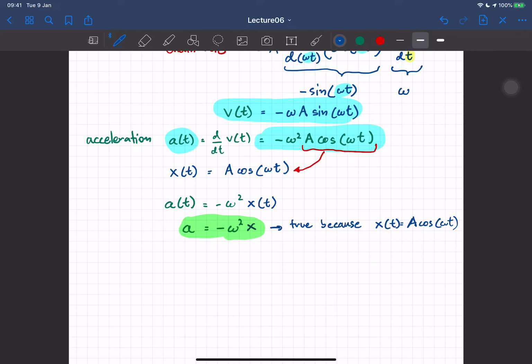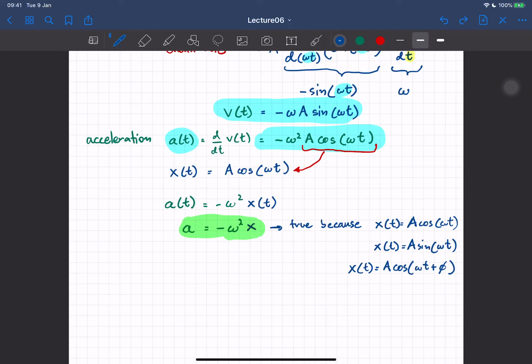Actually, this is true not only for cosine, it's also true if you choose to start with A sine omega t in the beginning. It's even true if you remember the starting phase phi, which we chose to be 0, right? If you didn't choose it to be 0 in the beginning, you get the same result. So even if you use A cosine omega t plus some phase phi here, you're going to get this equation nonetheless.